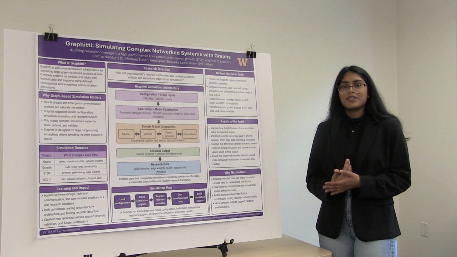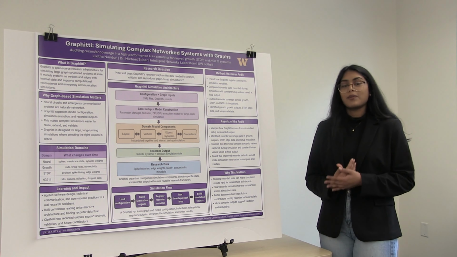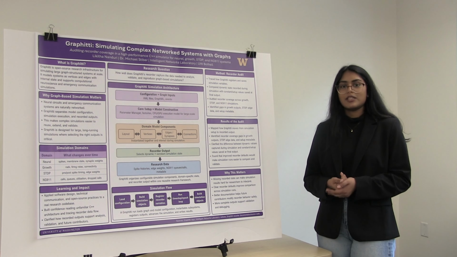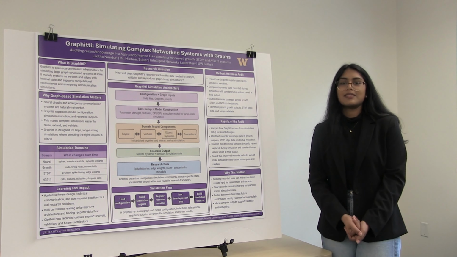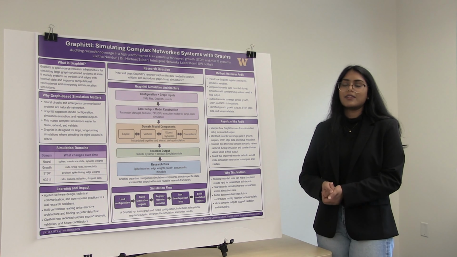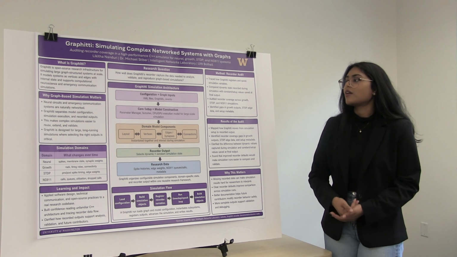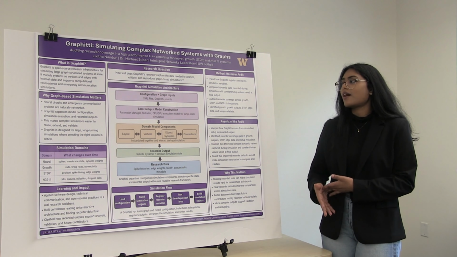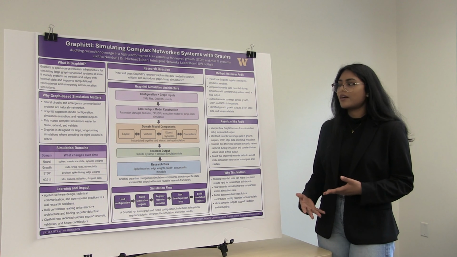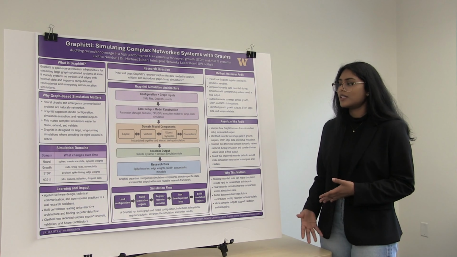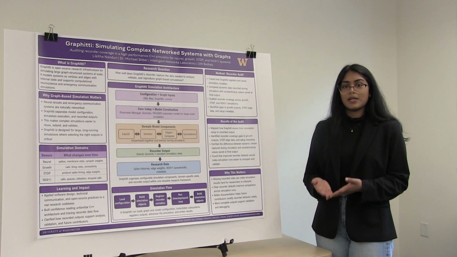My research question, or what I focused on as part of Graphitti, was figuring out how that simulation is being recorded, because as researchers, it's not just important to see the simulation, but also to study the outputs. A quick overview of how Graphitti works: first it takes configuration input files to set up your overall simulation, and then it goes into your domain model components.